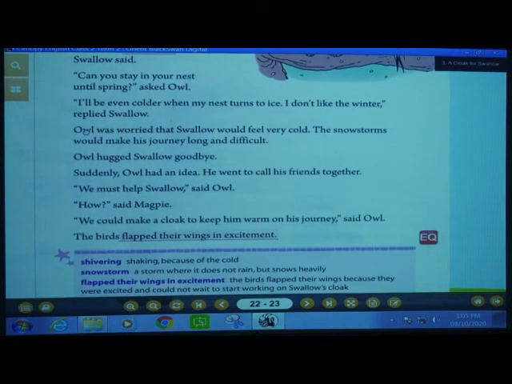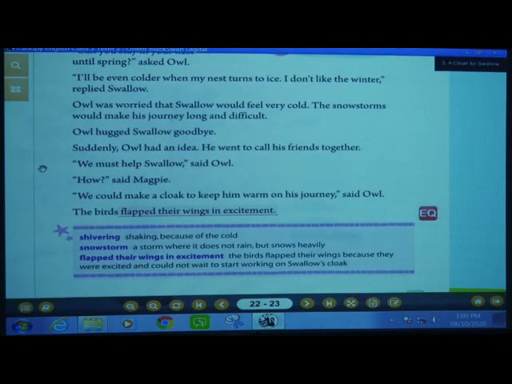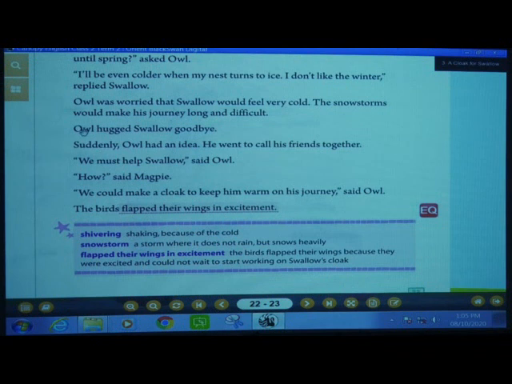Then owl hugged swallow goodbye. Then it's time for swallow to leave. So what did swallow and owl do? They both hugged each other and said goodbye.